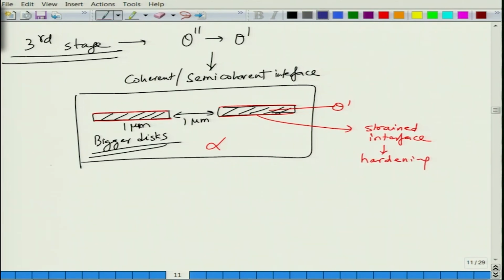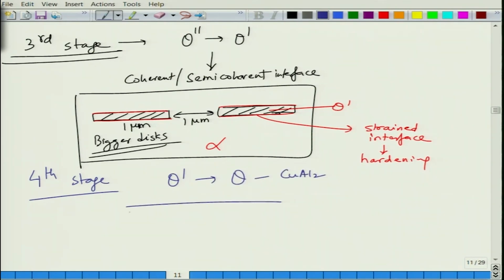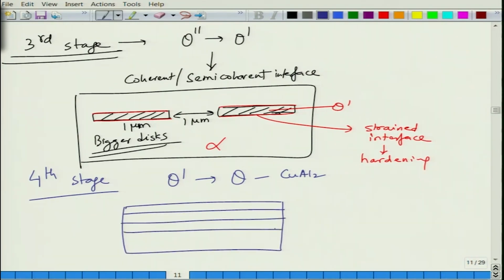Now, the fourth stage will be the formation of theta, so this theta prime will convert to theta, that is CuAl2. So, what will happen is that in that case, let us say this is my aluminum matrix. So, this is the alpha matrix.